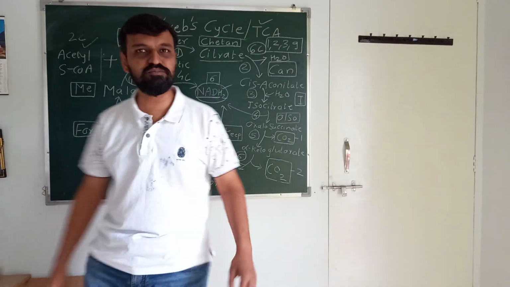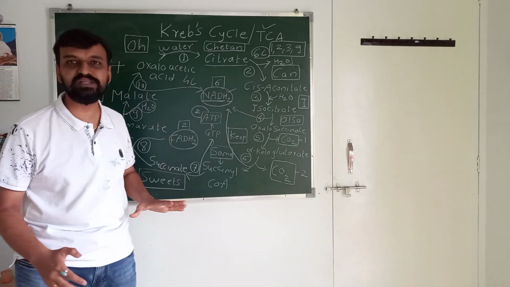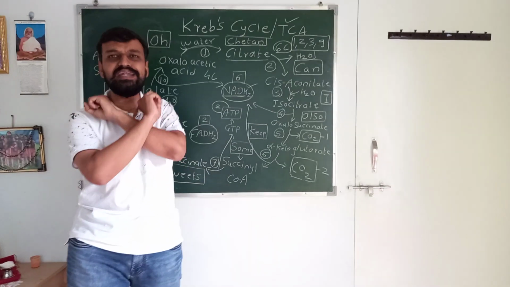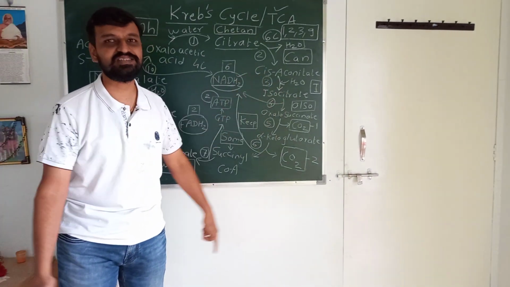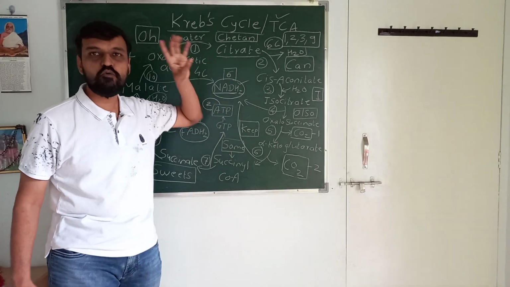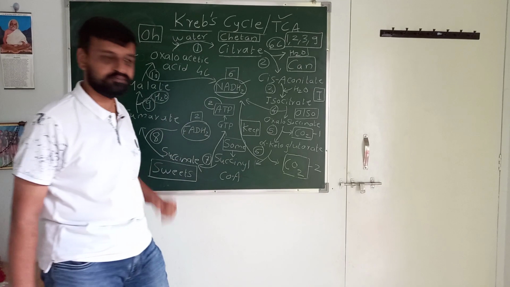Now let's come to the next part. What are the things going to happen at steps number 3, 4, 5, 6, 7, 8, 9, 10? Now look at this. Steps number 4, 6, 8 and 10.